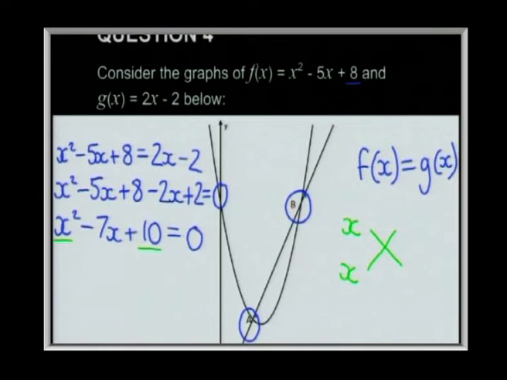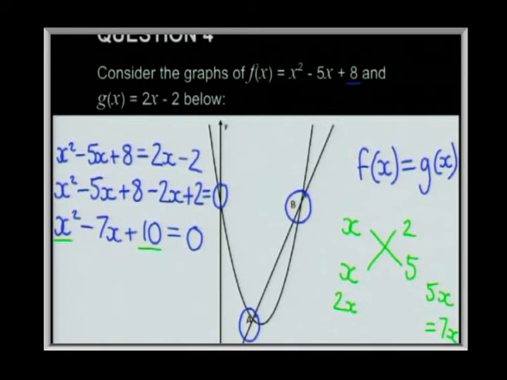Let's start with the obvious one of 2 and 5. 2 times 5 is equal to 10. Now x times 5 is equal to 5x. And 2 times x is equal to 2x. If we add them together, what's our answer? 7x. Is it the same as our middle term? The answer is no. Our middle term is minus 7x.